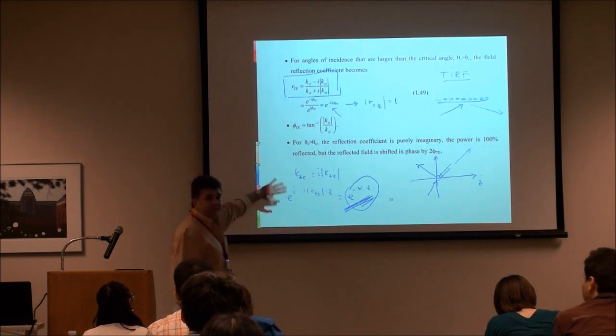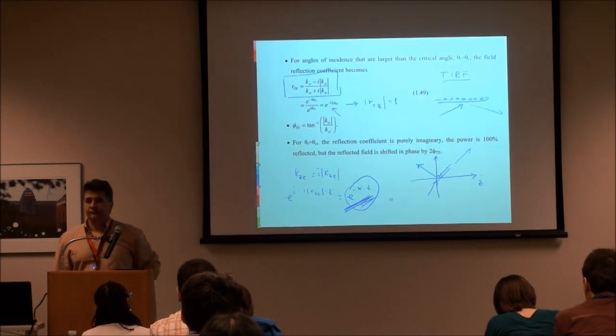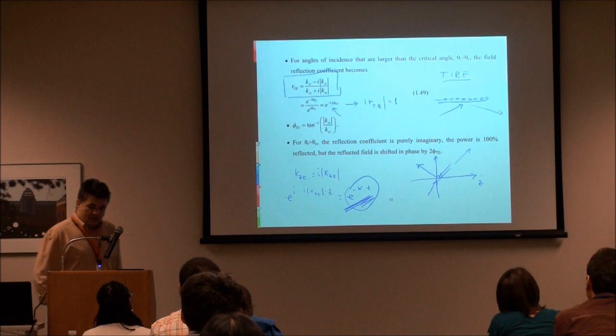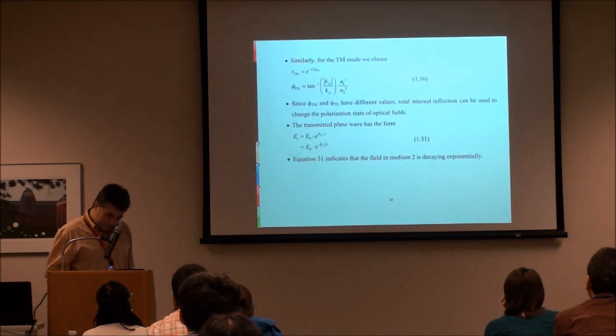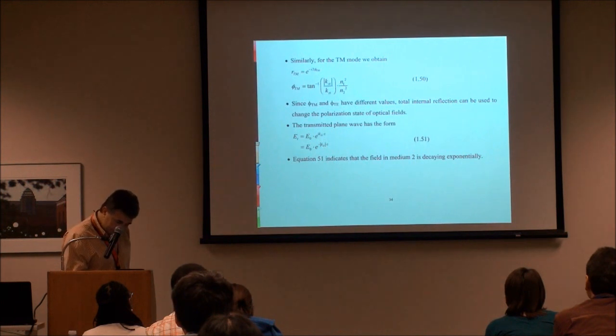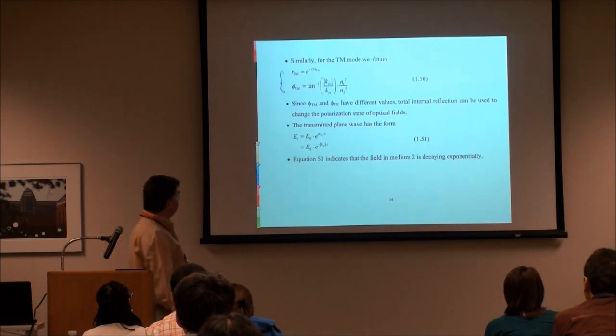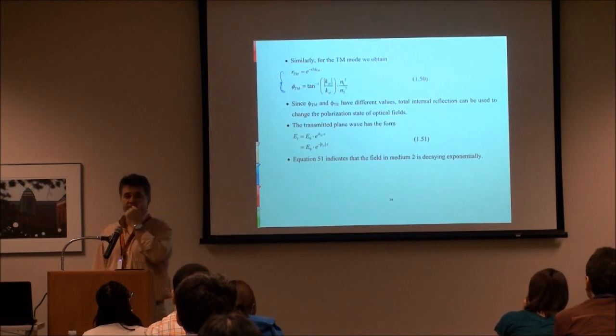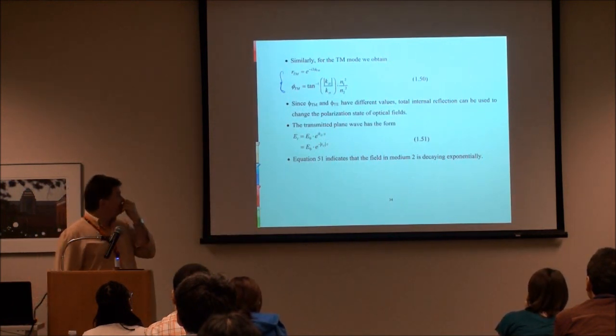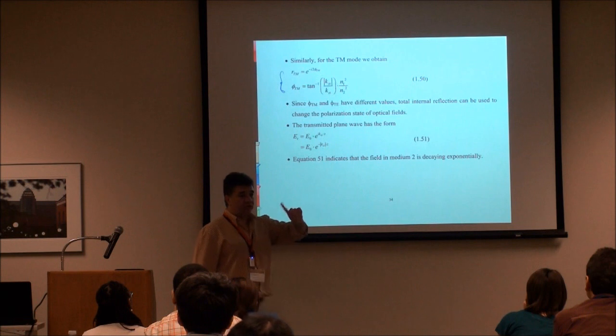Are we clear on this? Okay. All right. But there is the opposite thing. Oh, by the way, I can get total internal reflection with TM polarization just as well. Polarization doesn't matter.